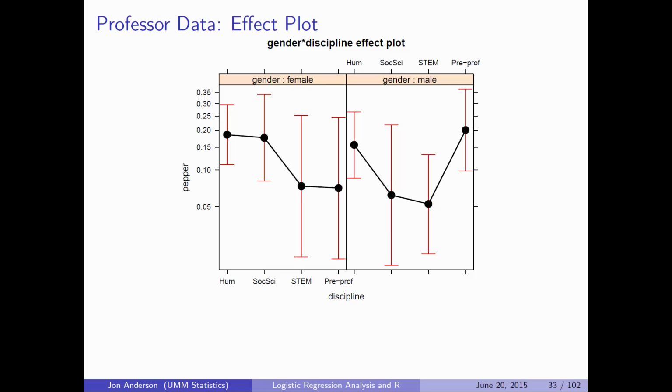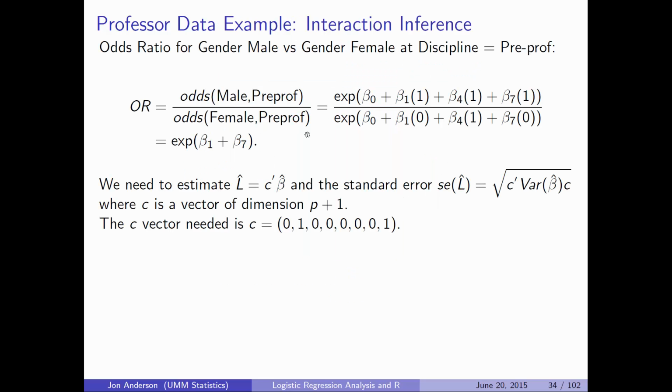If that's the case, then we need to describe these things appropriately, even if it is complicated. So let's think about how to do that with odds ratios. Let's think about the male against female ratio, and let's examine it for only pre-professionals.